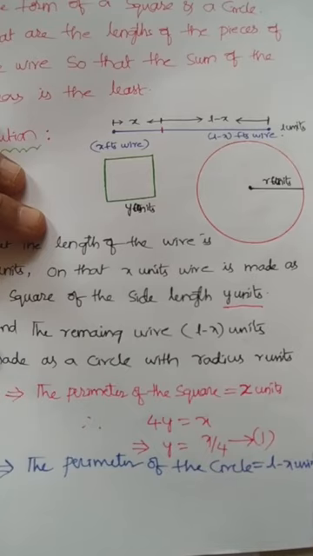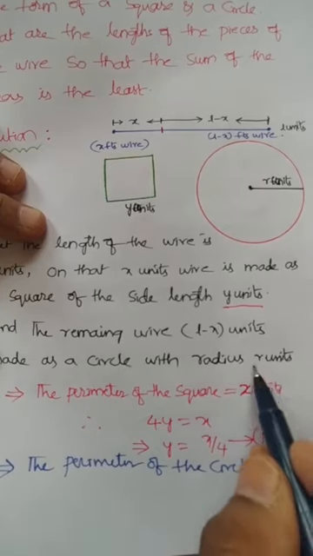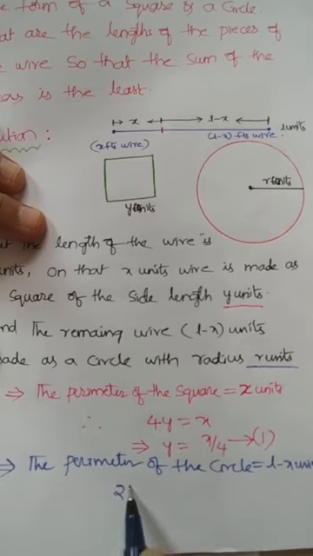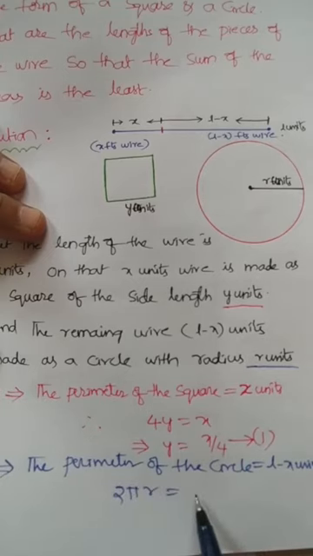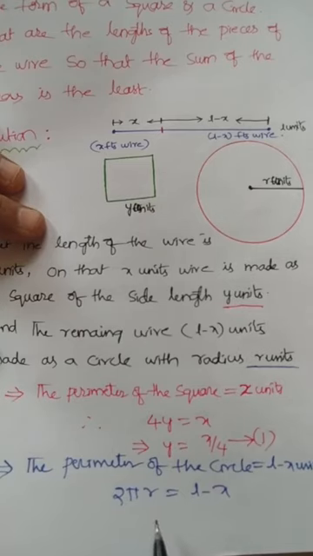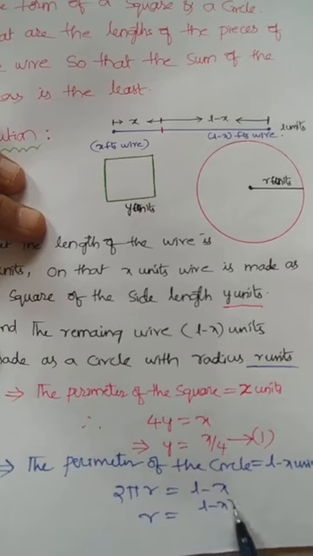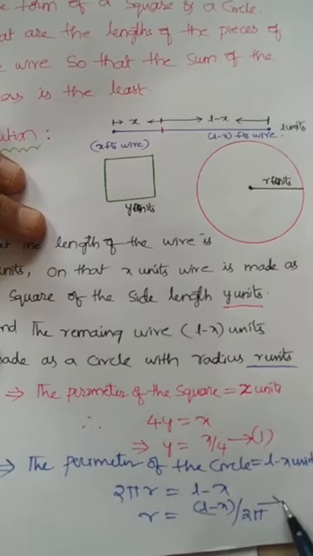What is the perimeter of the circle? Since the radius is small r units, it is 2 pi r equals L minus x. From that I find the value of small r, which is L minus x by 2 pi. This is equation number 2.